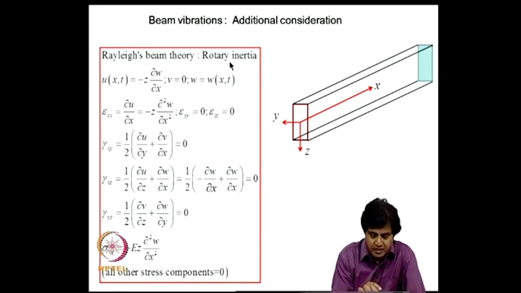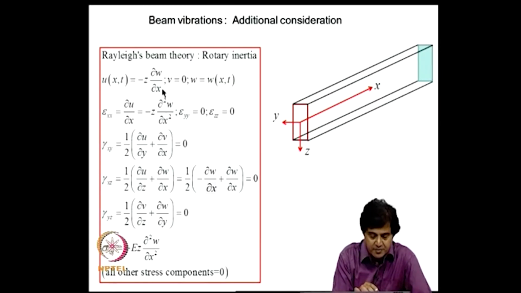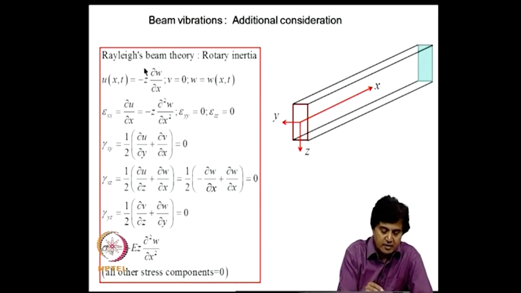Now, in the classical Euler-Bernoulli beam theory, the displacement field that we assume, this is a coordinate system, x is along the local centroidal axis of the beam. The assumption that plane sections that are normal to the neutral axis before bending remain plane and normal to the neutral axis after bending amounts to u being related to w through this relation.